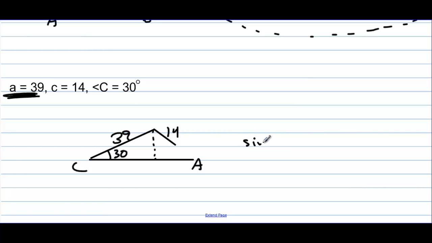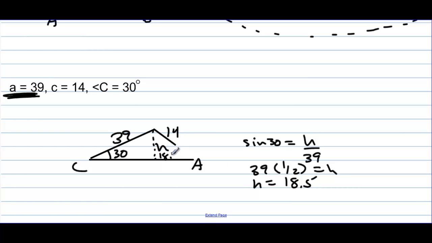So we have the sine of 30 equals h over 39, opposite over hypotenuse. This is h. So we have 39 times the sine of 30, which is a half. So h equals 18 and a half. Well, that's 18 and a half, and if this is only 14, it's not going to be able to reach down to the bottom. So this is 0 triangles.